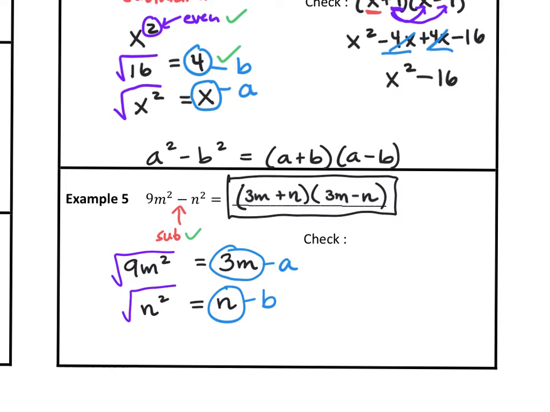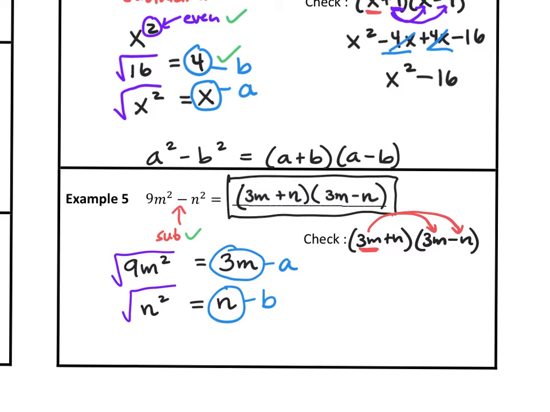Can we check it? Yes, definitely. Let's check it. So we're going to multiply 3m times 3m and 3m times negative n.